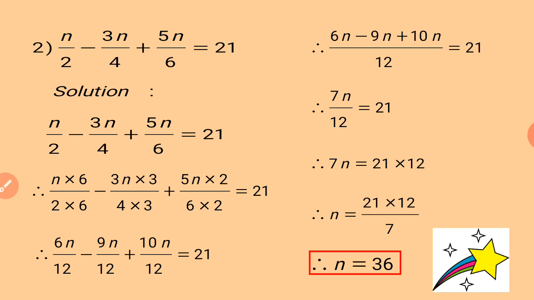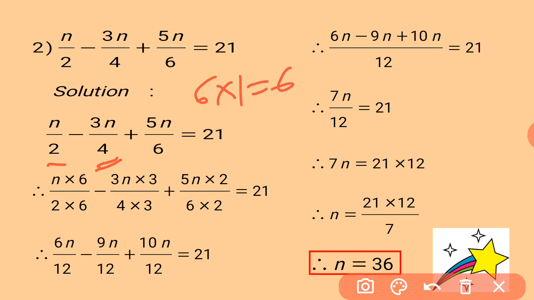Now this answer, that is 6, is there in the table of 2, that is the first number, but it is not in the table of 4. What we have done is we have taken 6 ones are 6 and checked for 6. 6 is there in the table of 2 but not in the table of 4.